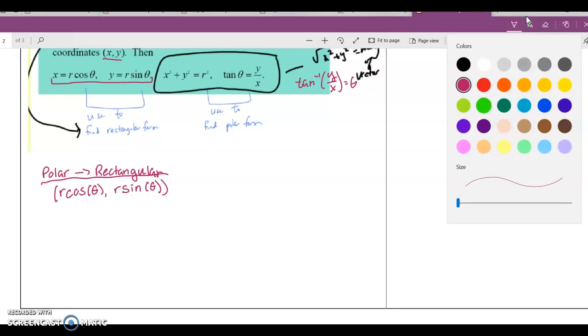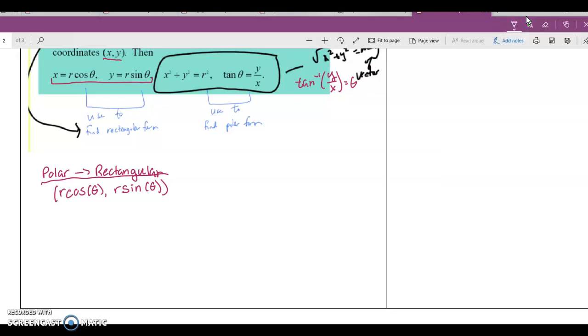And then if we're in rectangular, so we have x and y, and we want to go to polar, then our radius, our r, is going to be the square root of x squared plus y squared, and then our angle theta is going to be tan inverse of y over x.